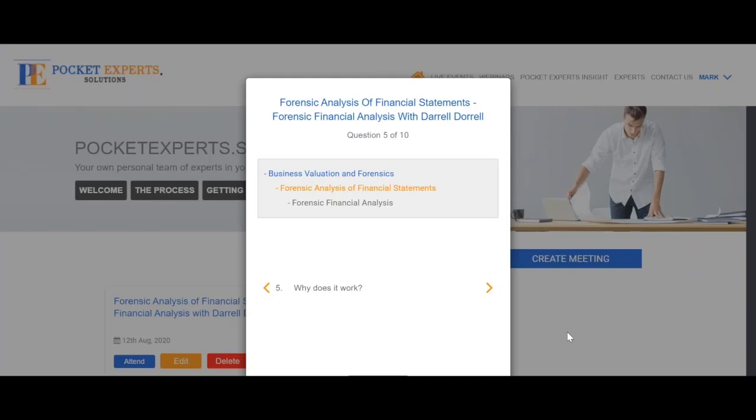It's really important. Fundamentally, forensic financial analysis is only a form of data analysis. That's all it is. And I don't think anybody would disagree with that. Therefore, someone who understands the analysis can execute such analysis, forensic financial analysis, and vice versa.